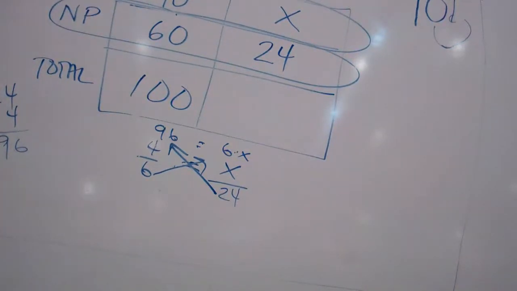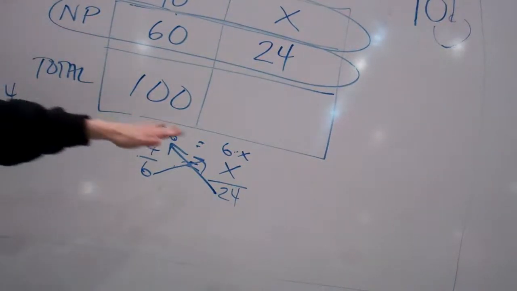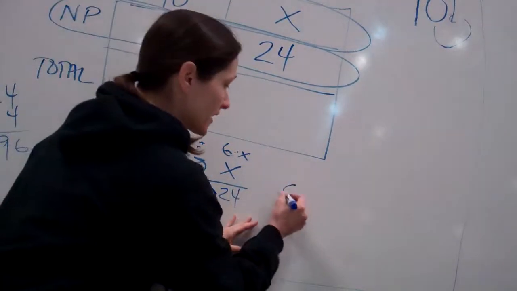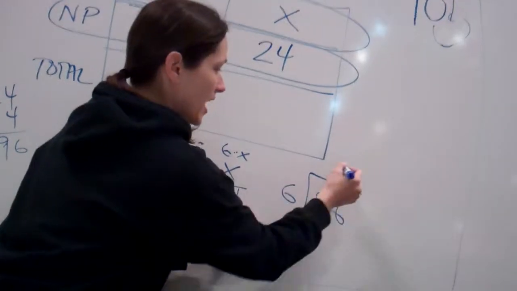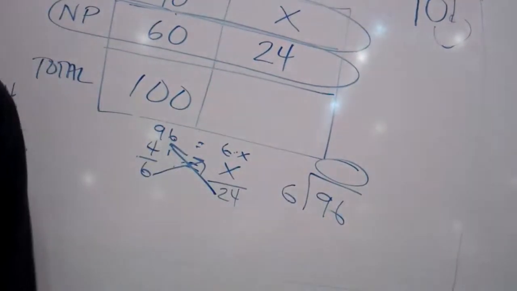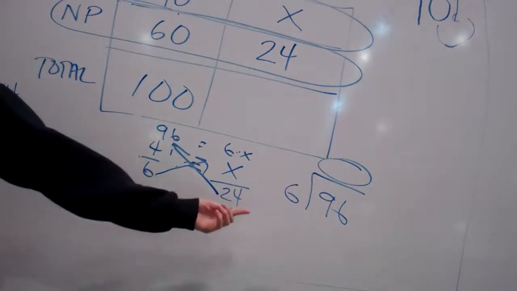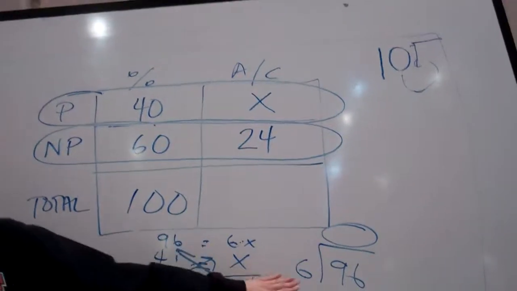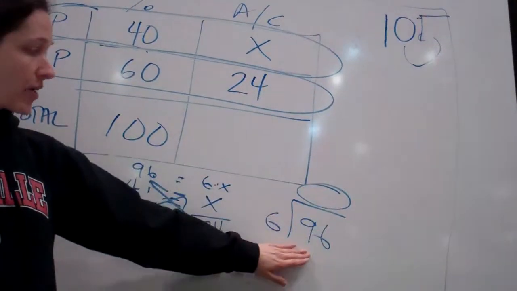Okay, no. Following this rule, not the way you did it, because I need everybody to understand how to do this. 6 times what equals 96? Is that the same thing as saying this? Does that make sense? 6 times what equals 96?